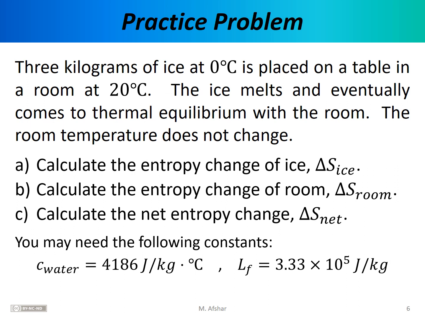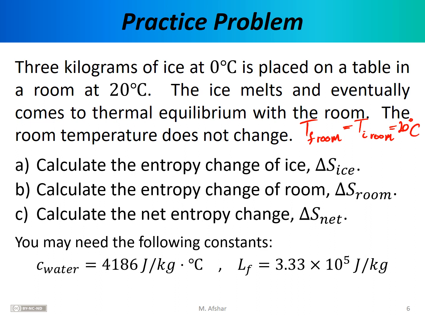More precisely, we're going to assume that the properties of the room don't change as a result of this small piece of ice melting. A little more precisely, what I'm telling you is that the final temperature of the room will be equal to the initial temperature of the room, which was equal to 20 degrees Celsius.